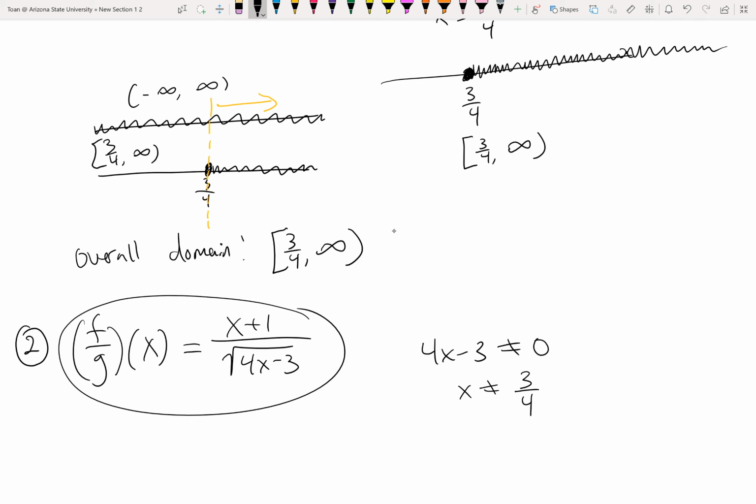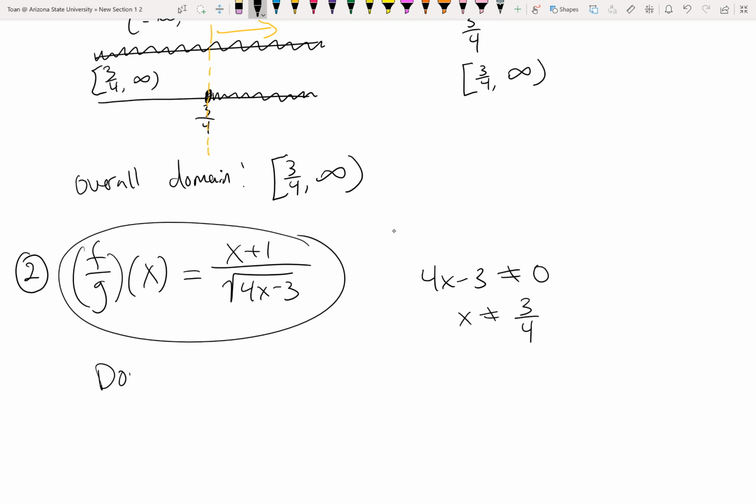So let's take a look at our original domain. This was the domain of question number 1. See how there's a bracket around 3/4 that says you can equal 3/4? Well, because now in a division problem I don't want the denominator to equal 0, you just take that bracket away.